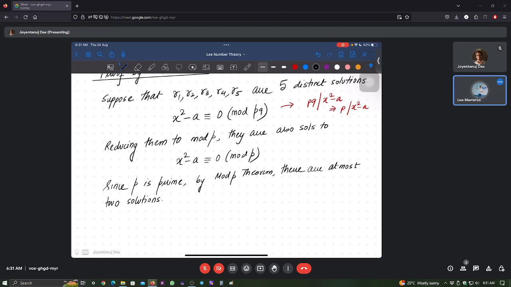The degree is 2, right? That's why using that theorem, it can have at most two solutions, right? So suppose these two solutions are S1 and S2, right?